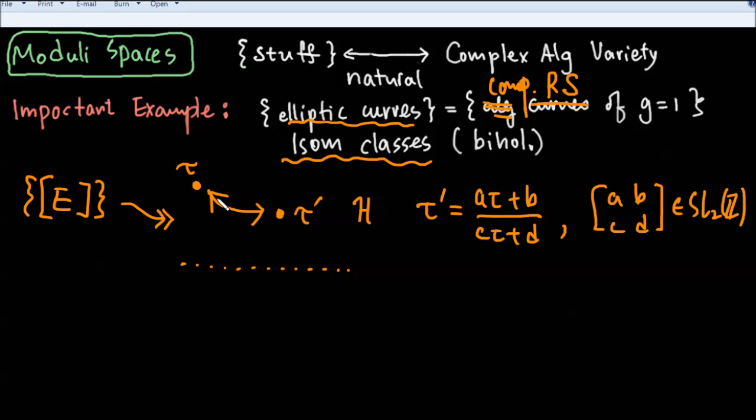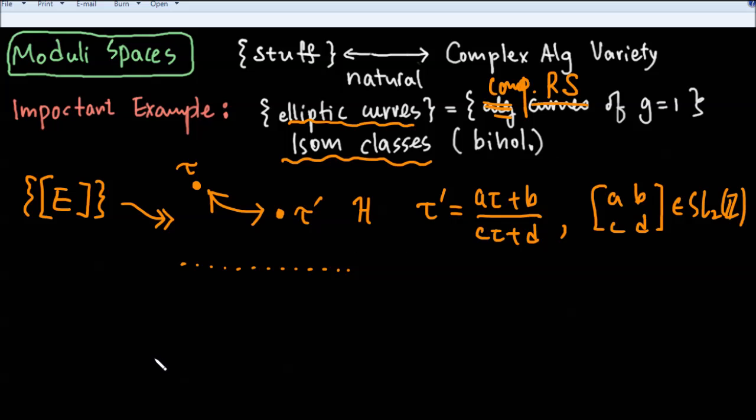This is called a Mobius transformation on complex numbers. So if you have one complex number, and under this Mobius transformation through this integer matrix with determinant 1, you reach another, these two things actually correspond to an isomorphism class. So it turns out this completely describes it.